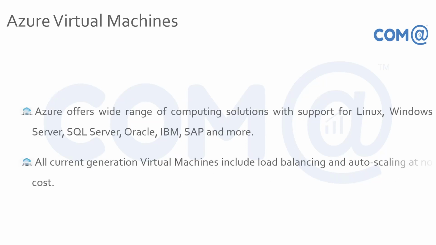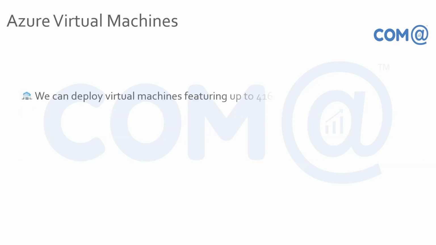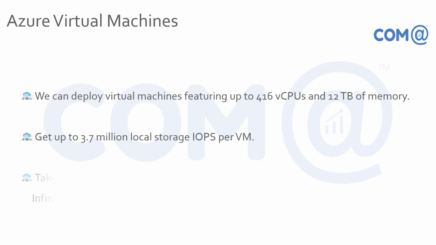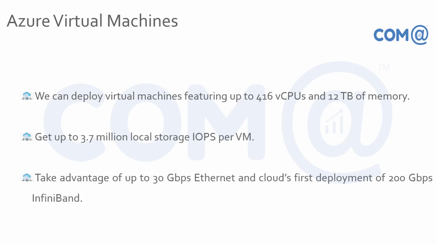Azure offers wide range of computing solutions with support of Linux and Windows operating system, as well as SQL Server, Oracle, IBM, SAP, and more. All current generation virtual machines include load balancing and auto scaling at no cost. So we can deploy a virtual machine featuring up to 416 virtual CPUs and nearly 12 terabytes of memory.